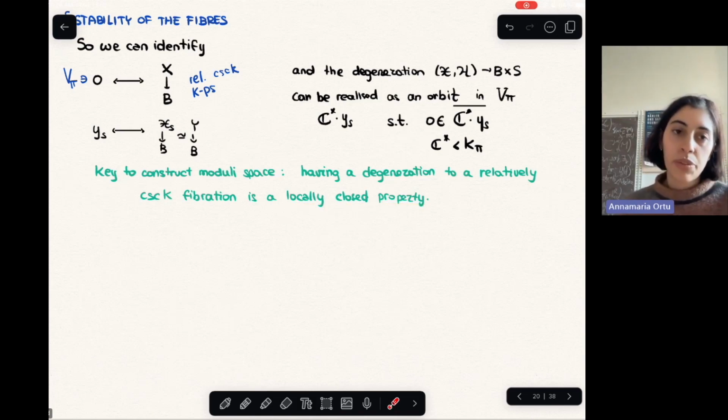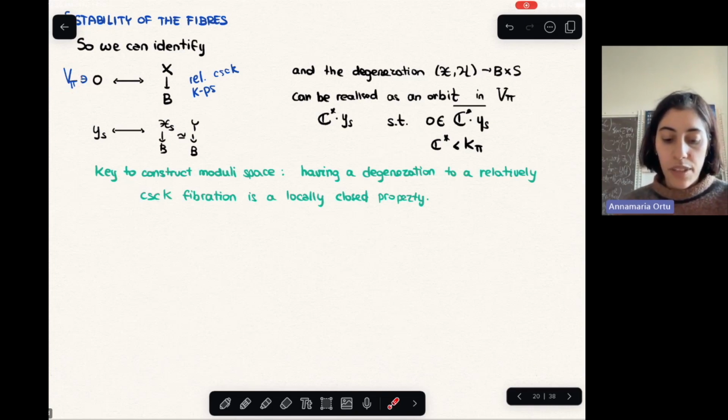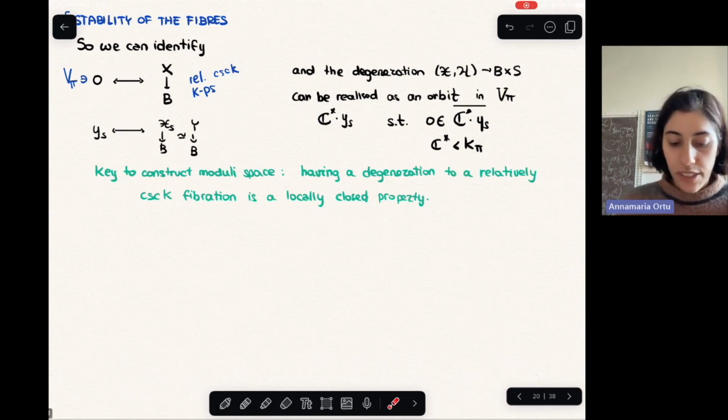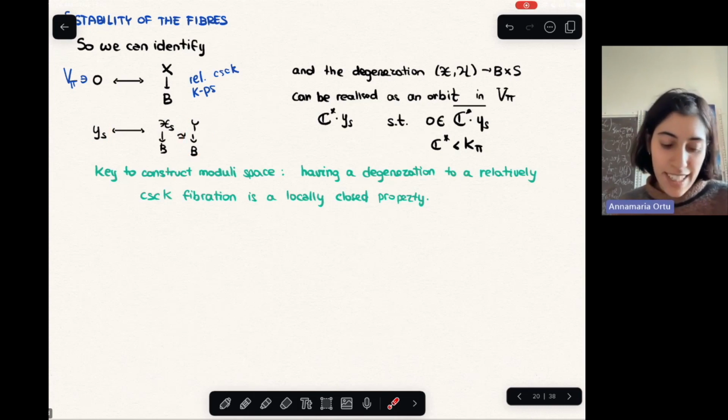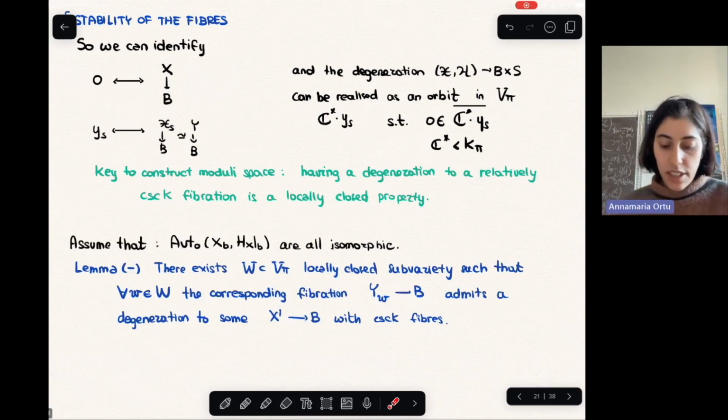So we want to find some locally closed subset or subvariety of V pi, such that if you take another fibration that is close to this one, so if you move these points to nearby points, you still have this degeneration to some fibration whose fibers have a constant scalar curvature metric. It's more precisely stated like this.